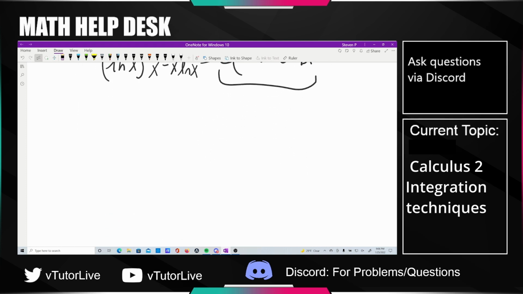But when it comes to the explanation of integration by parts, maybe the best way to say it is, you have let's say a function u and a function v, and they're both functions of x, okay?